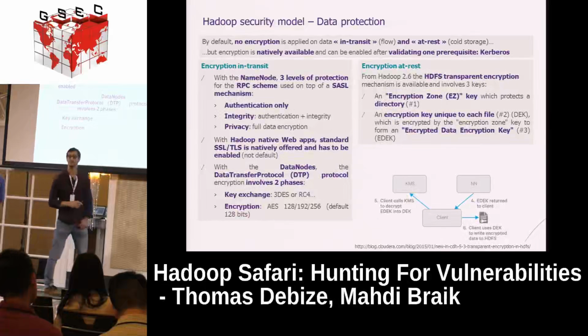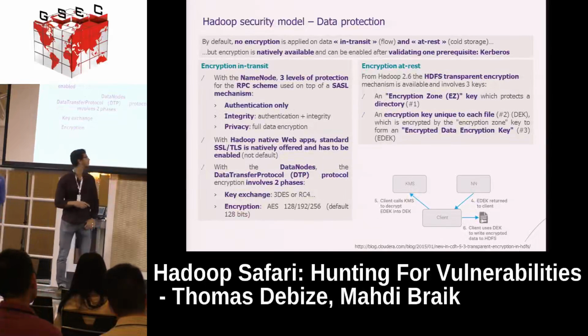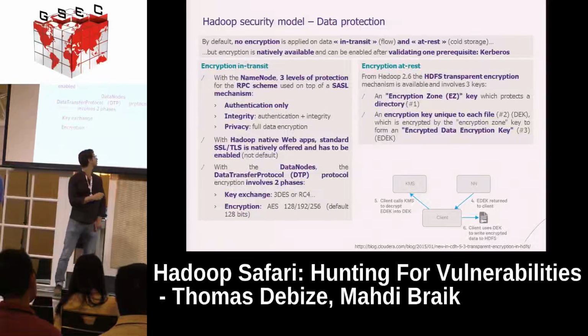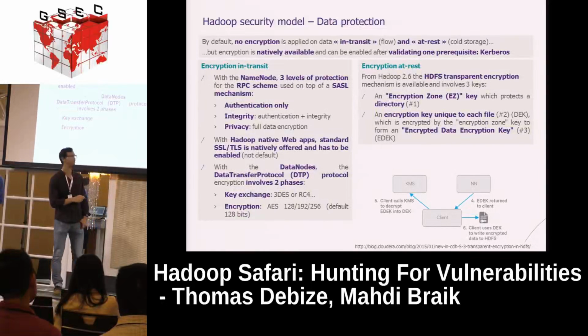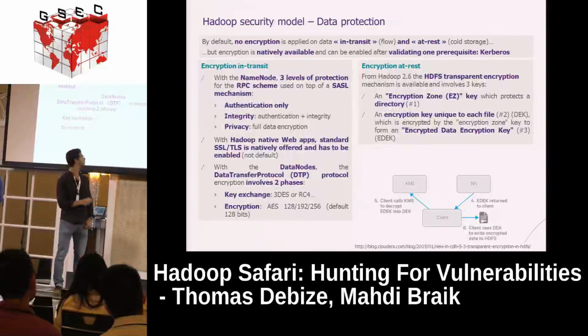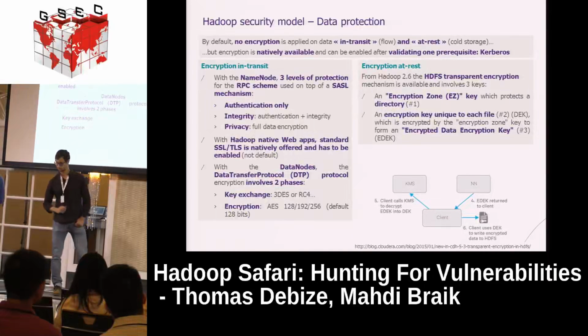I will not dig into this model, but the real problem is that all the security rests not on the crypto system, but on the security of the KMS, because it's the KMS which holds the keys. So if you can just crack the KMS, you can take all the keys and decrypt all the data. So remember that.